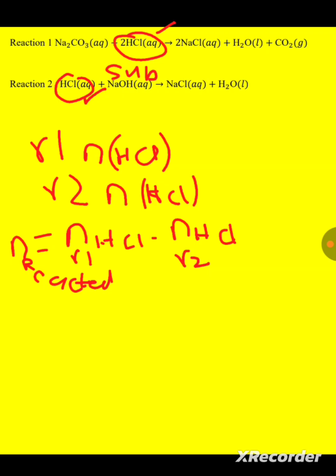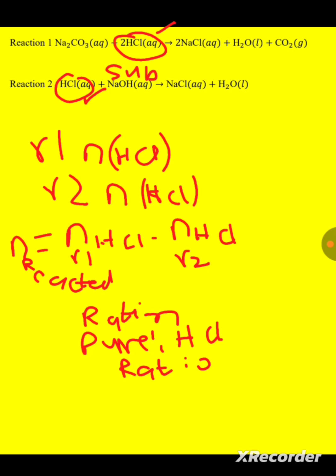Then you use ratio now. You do ratio. Say, okay, the pure substance is to HCl, which is the excess reactant. In this case, the one that is repeating. You do ratio with them.